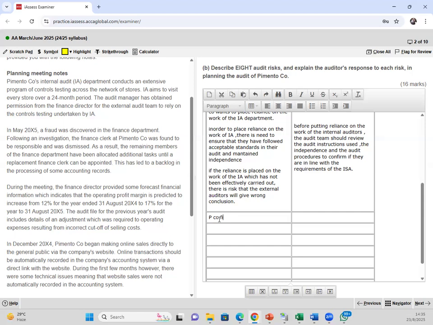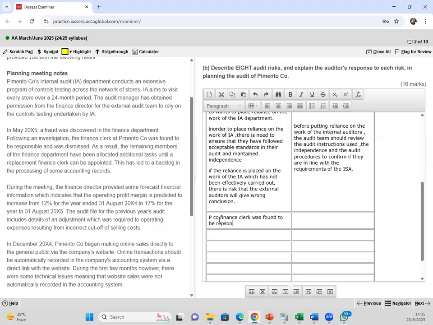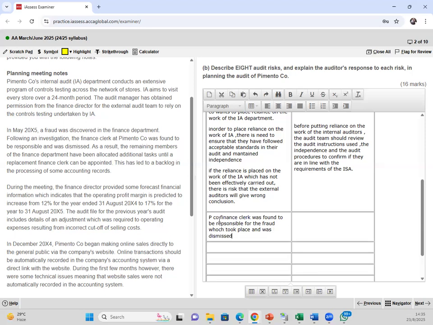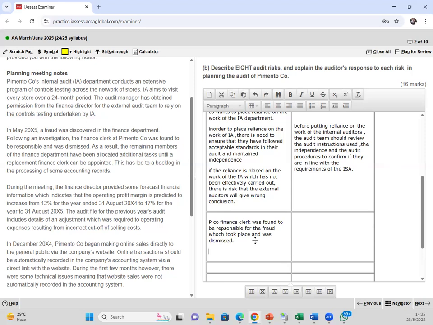P company's finance clerk was found to be responsible for the fraud which took place and was dismissed. So that's an indicator.